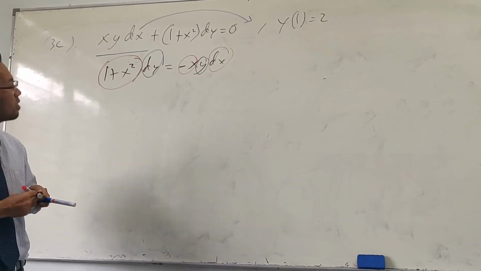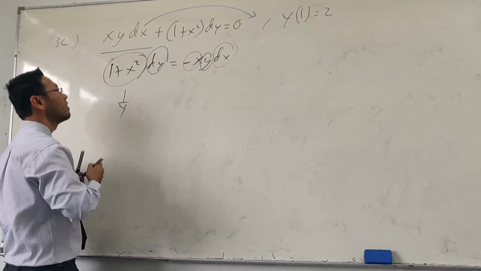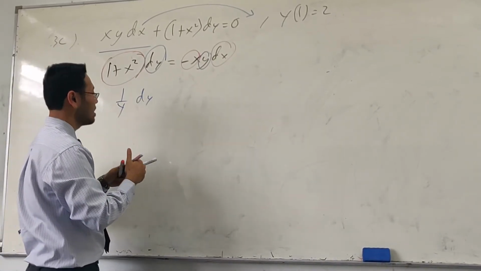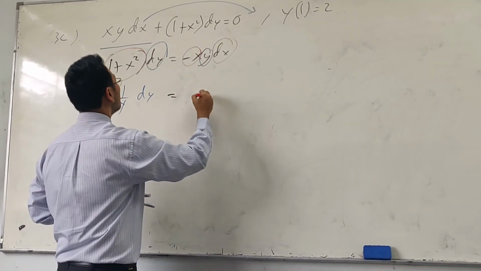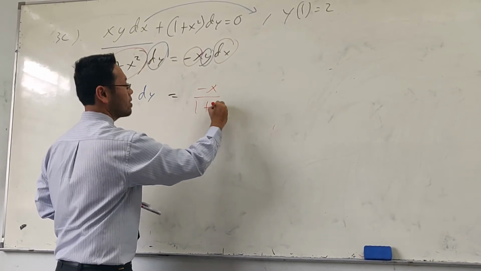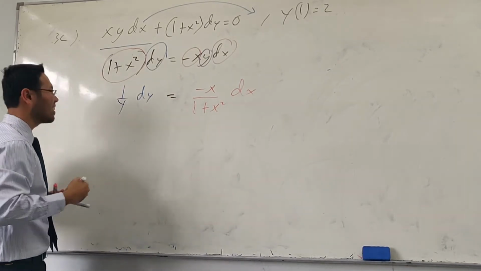So it's good, you can split it up. 1 over y dy equals to negative x over 1 plus x squared dx. Of course, we should not end it this way.